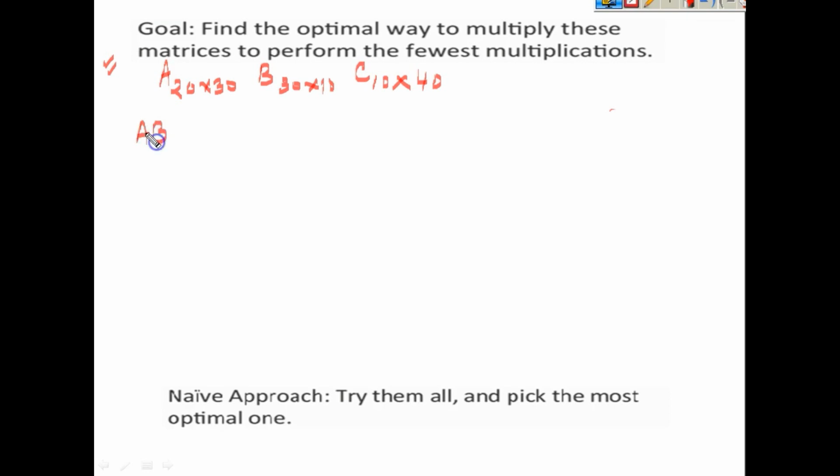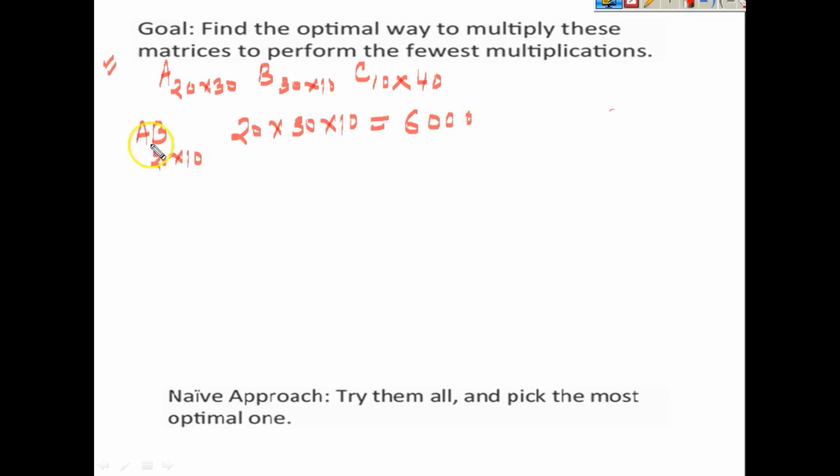Now if I want to find the product of these three matrices, let's say I multiply A into B first. Then you will get AB of order 20 cross 10, and the number of multiplications required is 20 into 30 into 10, which equals 6000.